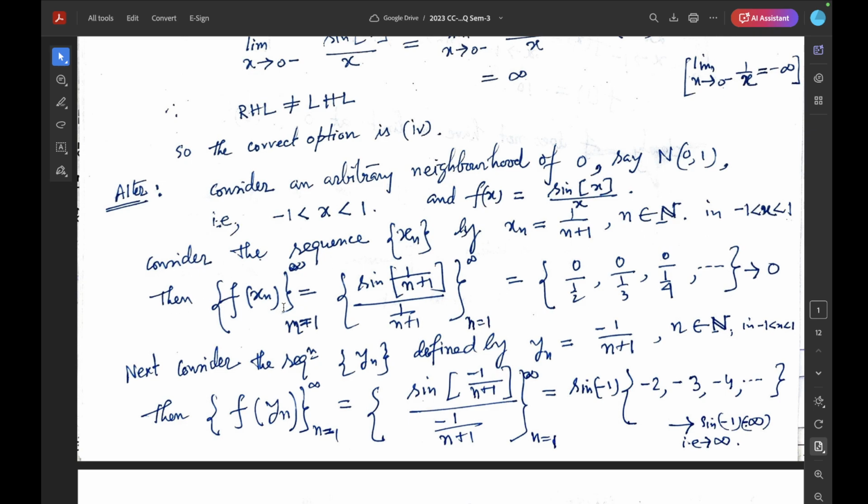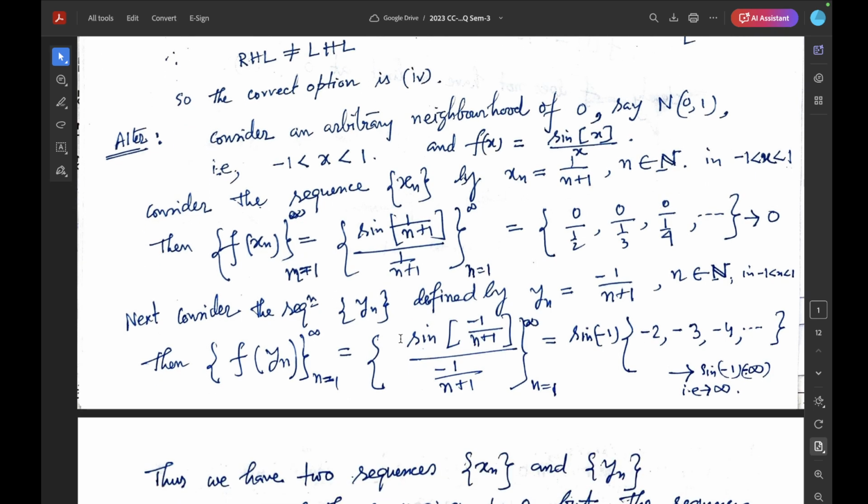Then f(xn) equals sine of box of 1 by n plus 1, whole divided by 1 by n plus 1. So for n equal to 1, it is sine of box 1 by 2 divided by 1 by 2, which is 0 by half, then 0 by 1 by 3, 0 by 1 by 4, so this sequence converges to 0.